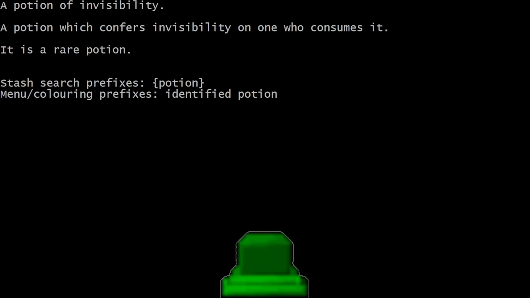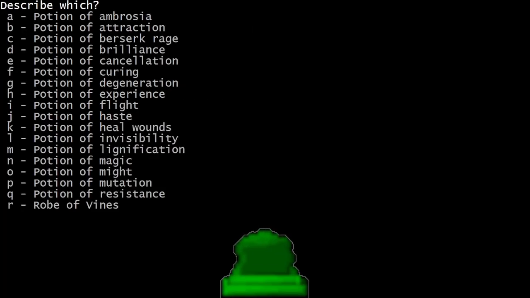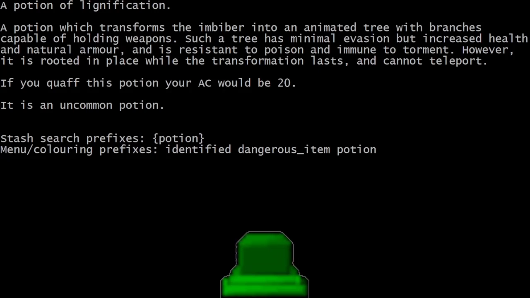Next on our list, we have Potion of Tree. Just before I start talking about Potion of Tree, let me add a little bit on invisibility. I don't really have a lot to say about it because it's not really a consumable that I often use or consider with almost all of my characters, since to use it to its greatest extent, you need to have a fair amount of stealth, which is something that I very, very rarely get.